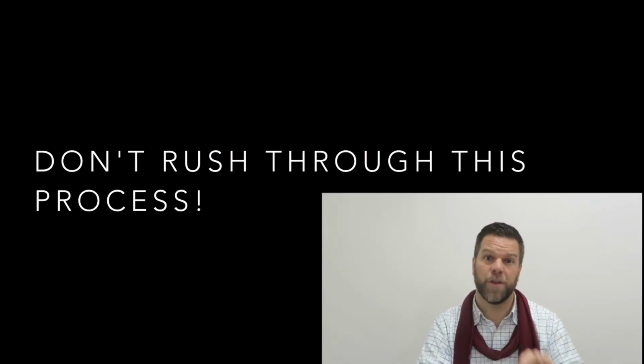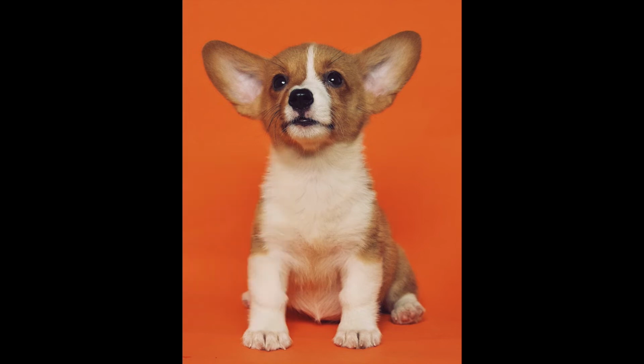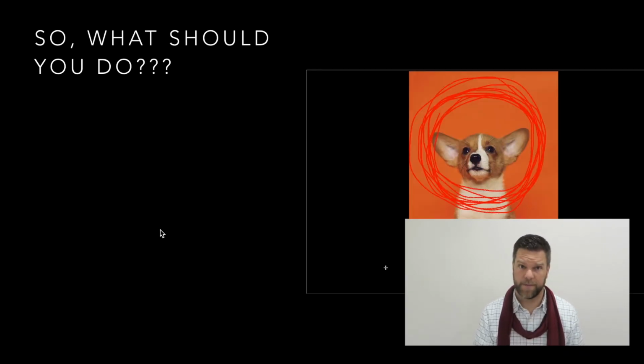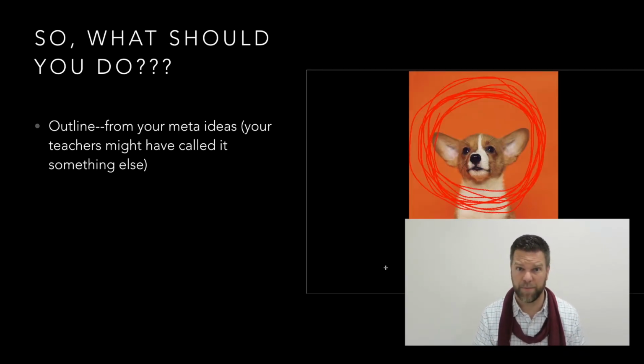Don't rush through this process. So, what should you do? And as you think about what you should do, I want you to take another look at that cute little puppy. He's adorable. From your outline, from your meta ideas, or however your teacher has described those things, use the bullet points to make your paragraphs, okay?